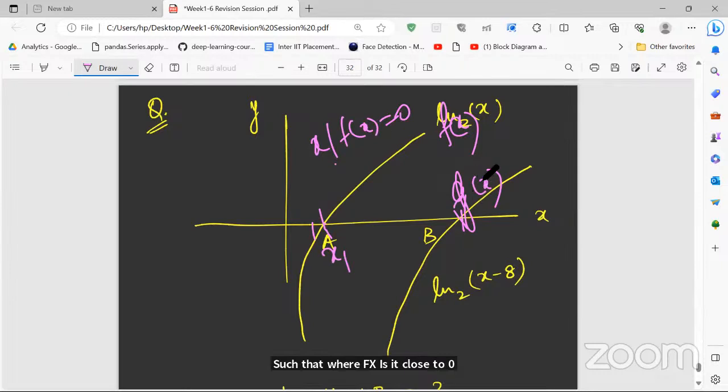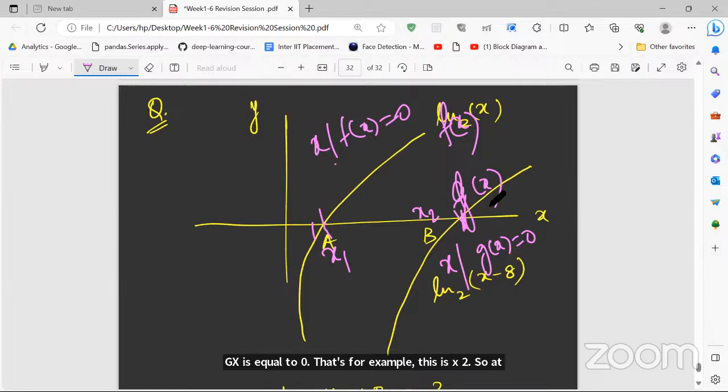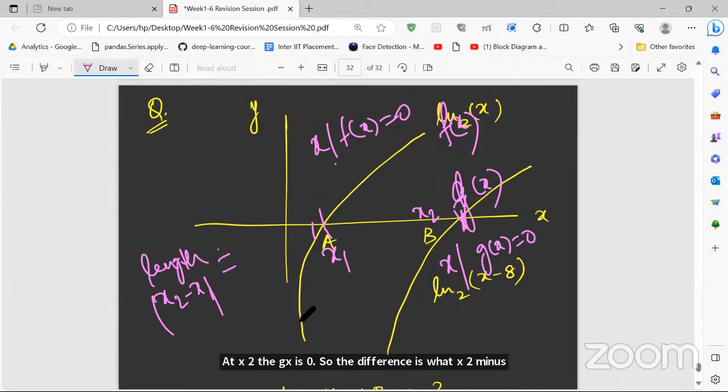Then you have to calculate x such that g(x) equals 0. Let's say this is x2. So at x1, f(x) is 0. At x2, g(x) is 0. So the difference is x2 minus x1. This is the length, right? Yes, sir.